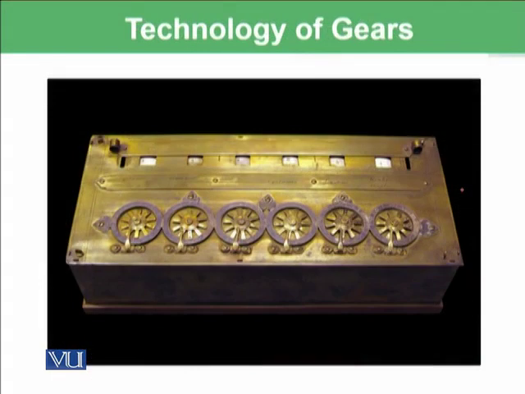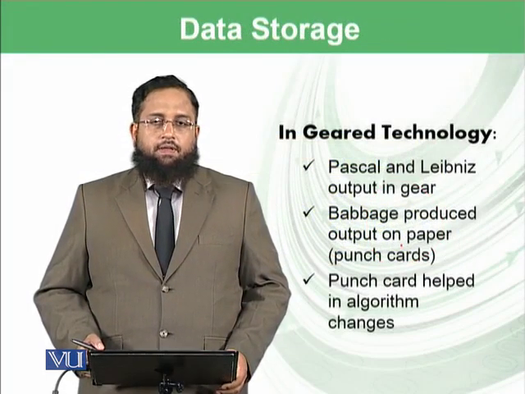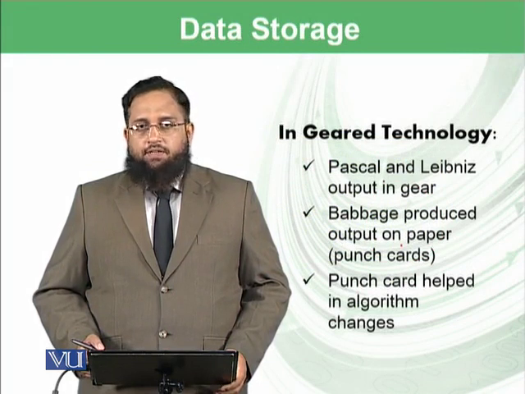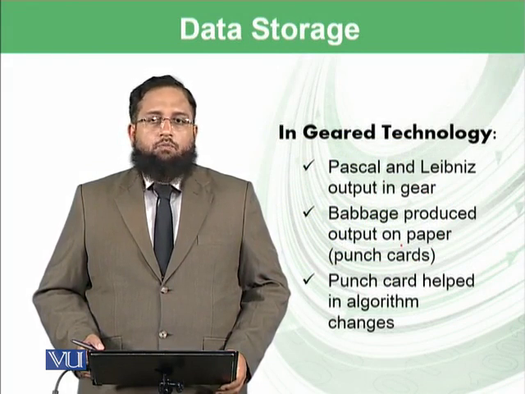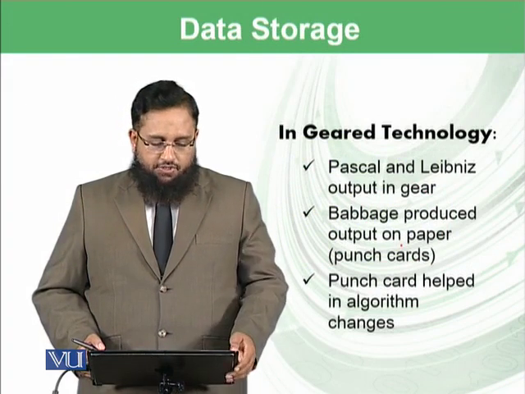In this technology you can see that these are the gears, and each gear is storing some information, and then after processing it gives the output of whatever the result was for your computation. Pascal and Leibniz produced output in gears. However, Babbage was able to produce the output on paper, in the form of punch cards.